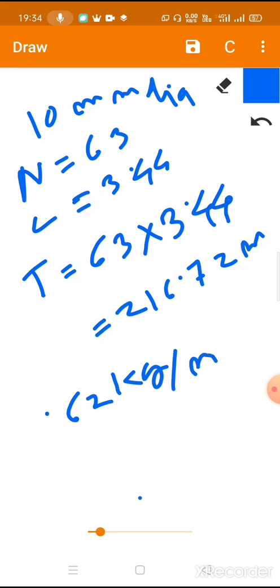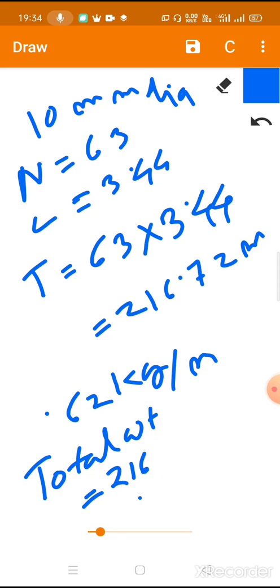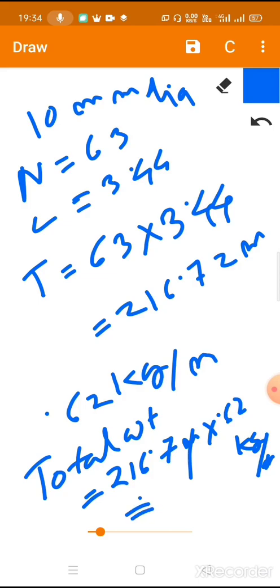You will have to remember this. So total weight becomes 216.72 meter into 0.62 kg per meter. Meter gets cancelled, whatever remains is kg. So let us find out the total amount of kg. This becomes 134.36 kg. So this is the total amount of main reinforcement.